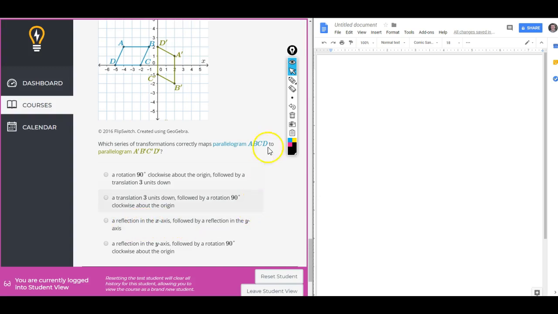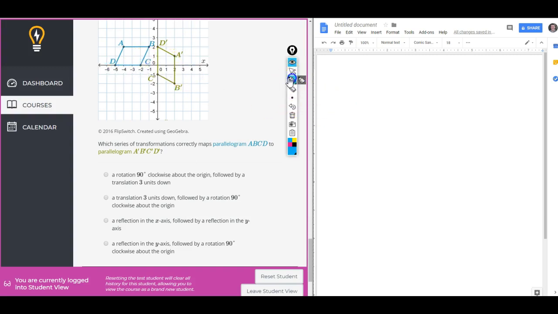So a reflection in the x-axis would be along this line. Since D and C are on this line, they aren't going to move. There's not a distance to be preserved because the distance is 0. They're on that line, so we have to preserve a 0 distance.